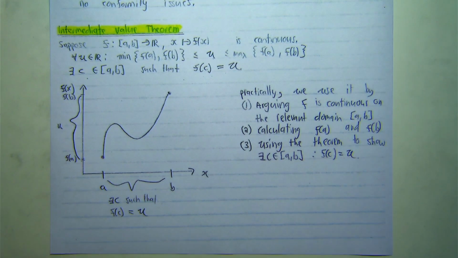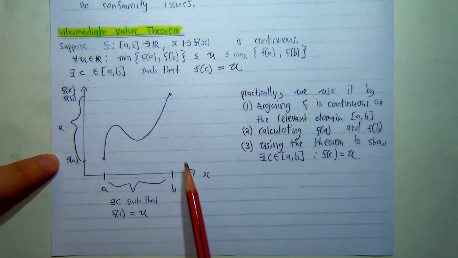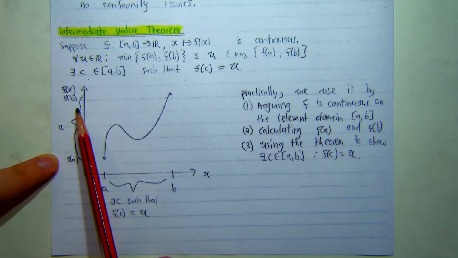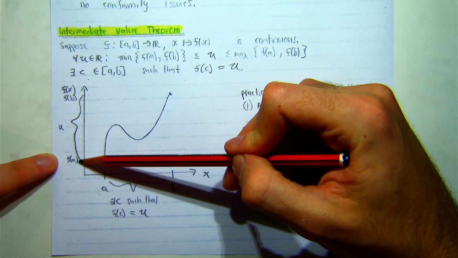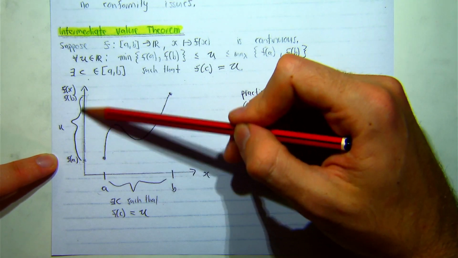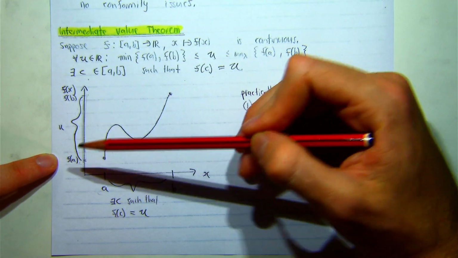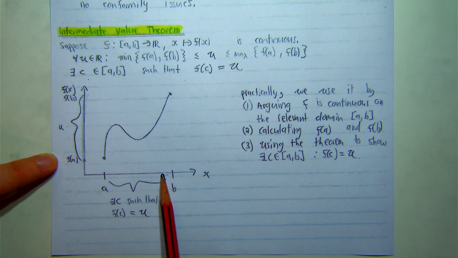So let's look at that visually here. We've got a to b as our function domain here. We can calculate f(a) here and f(b) here. Then looking here, f(a) to f(b), and we have every value in between, our u. We know for a fact that there must be some c in between a and b such that f(c) is equal to u.